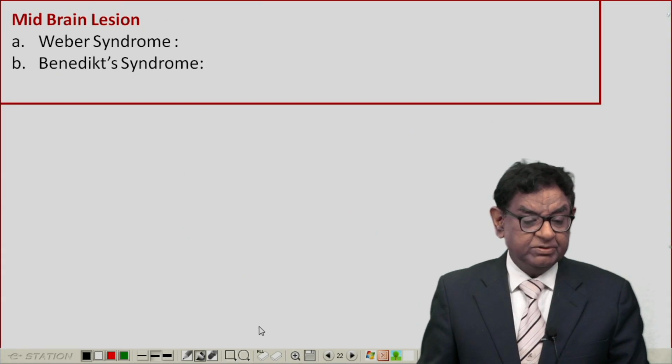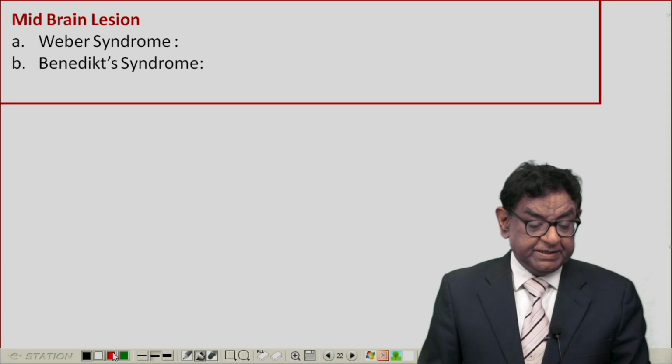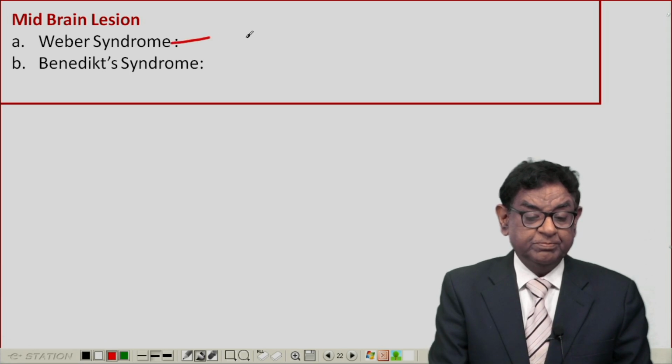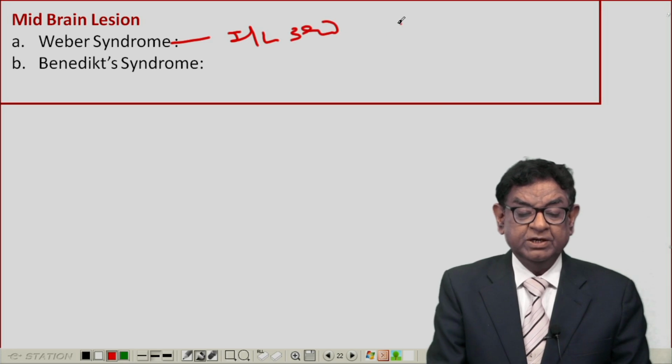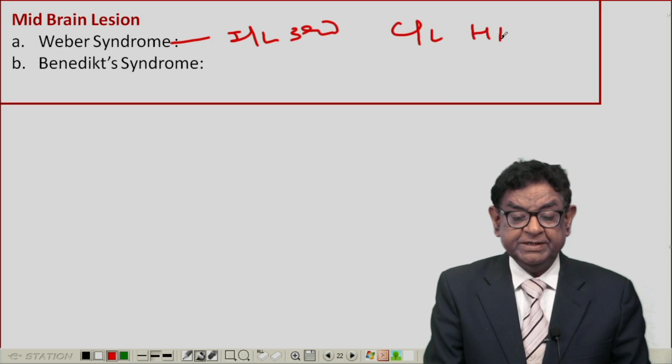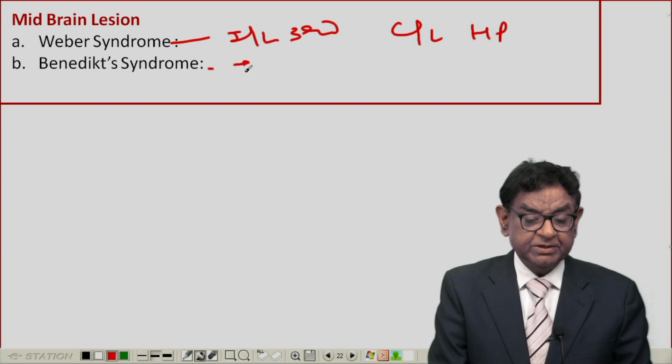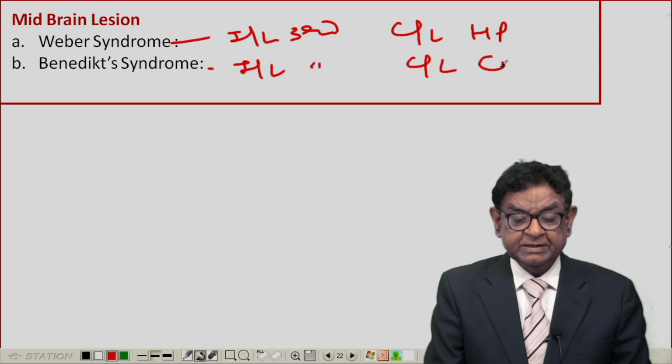With this background, in midbrain lesion you get Weber syndrome: ipsilateral third nerve palsy, contralateral hemiplegia. In Benedict syndrome, ipsilateral third nerve palsy, contralateral cerebellar features.